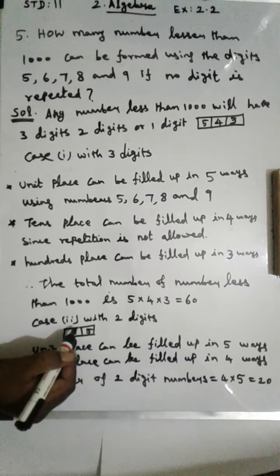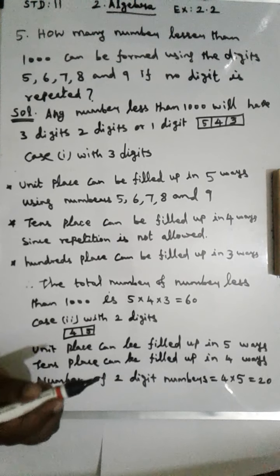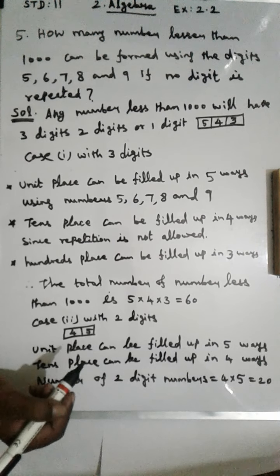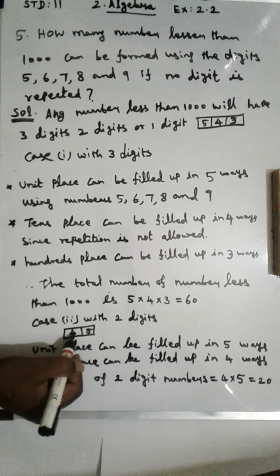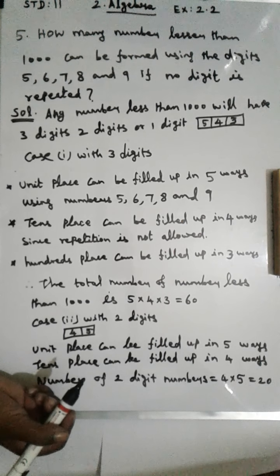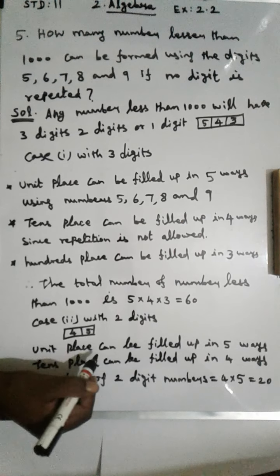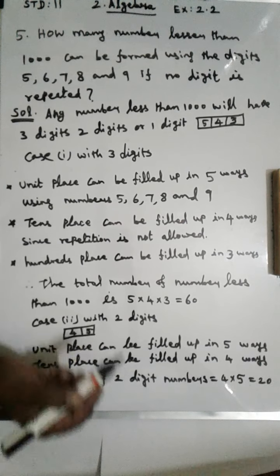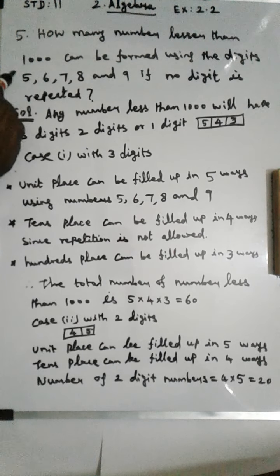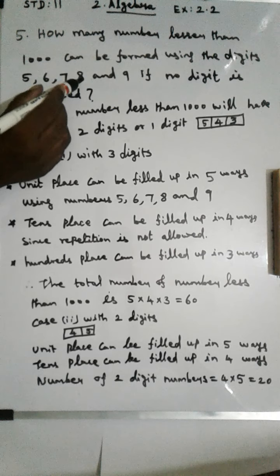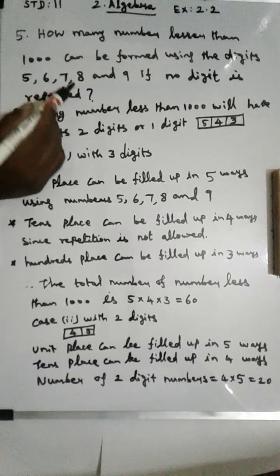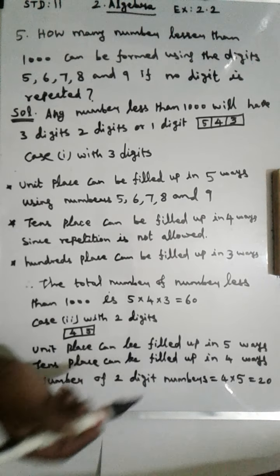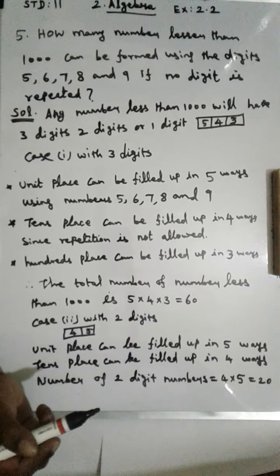Next, case 2: 2-digit numbers. A 2-digit number we form, for example 4, 5. The unit place can be filled in 5 ways. Why? There are 5 numbers: 5, 6, 7, 8 and 9. So 5 ways for the unit place.